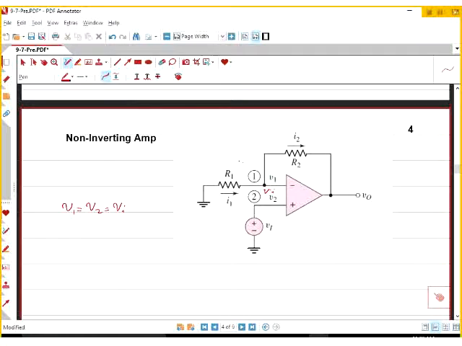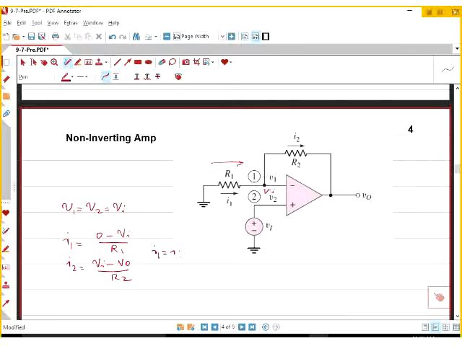Let's do the Ohm's law. What is the current going through the R1 through that direction? No, the current going that direction. Excellent. So I1 is one side of the resistor, 0, minus the voltage the other side, in this case VI, divided by R1. What is the current going through the R2? Voltage in the other side is VI, the other side is VO, divided by R2.